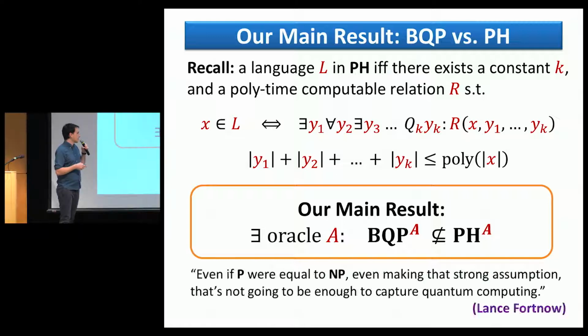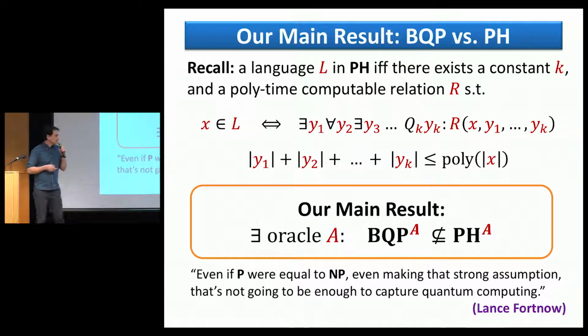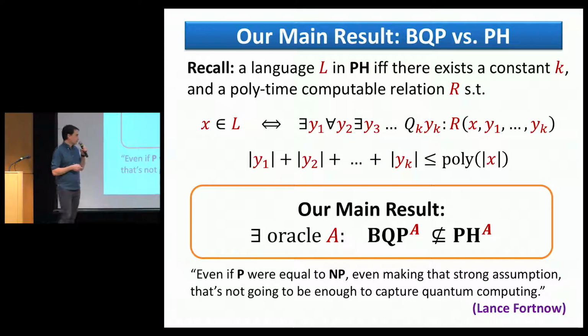And I want to give this quote of Lance, who commented on our work. He interpreted it as follows. Even if P were equal to NP, even making that strong assumption, that's not going to be enough to capture quantum computing. Let me explain what Lance means.